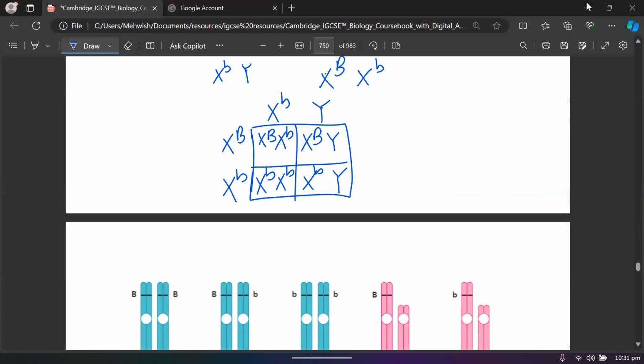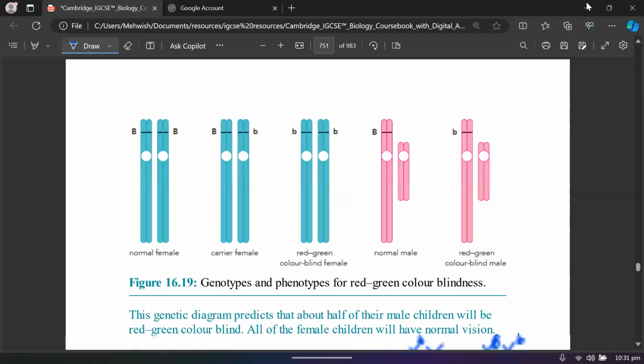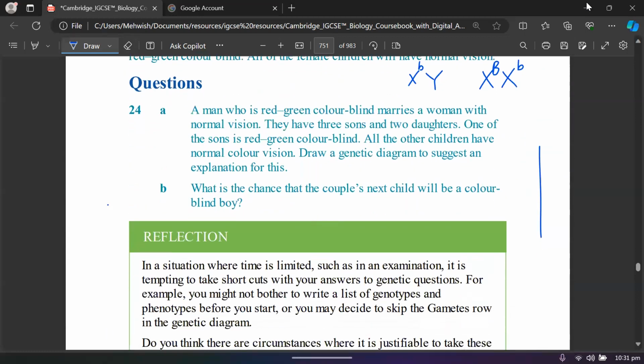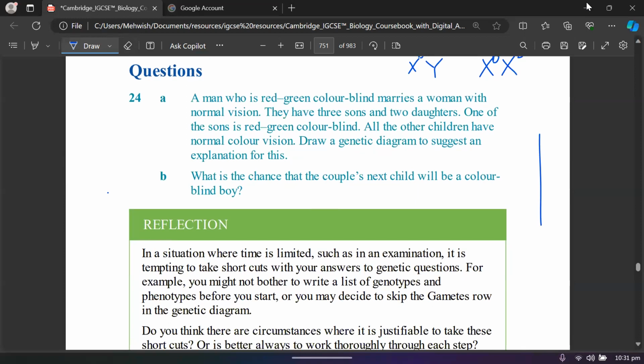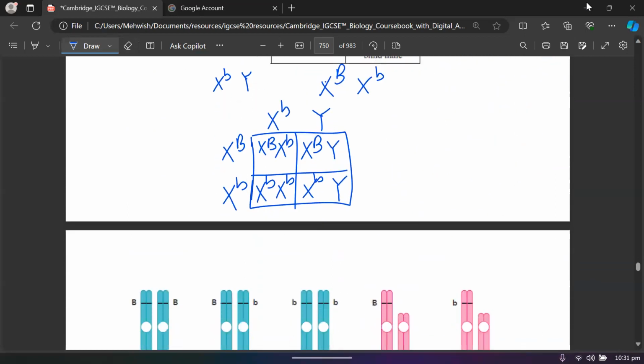So this is why some children were not colorblind and the son was colorblind: the mother contributed a recessive allele to the son, right? So let's see the next question. What is the chance that the couple's next child will be colorblind? With the same Punnett square, you can tell the chances that their next child, any daughter or son, could be colorblind.